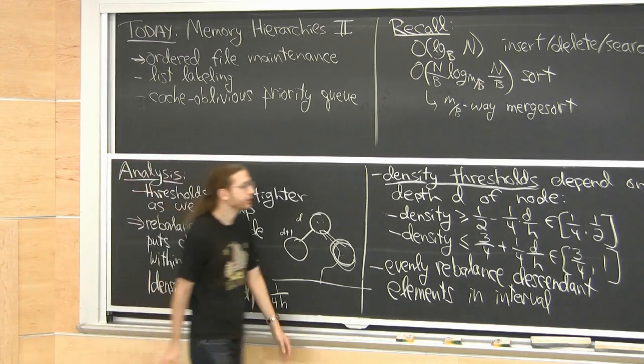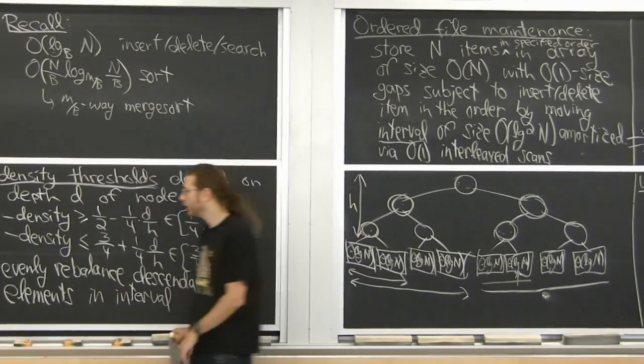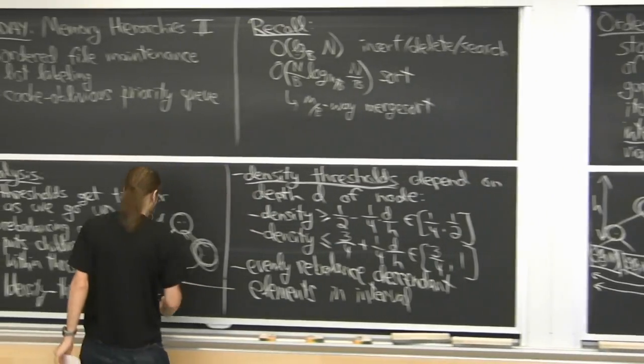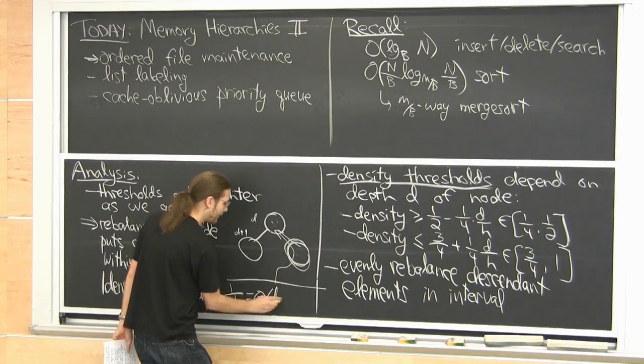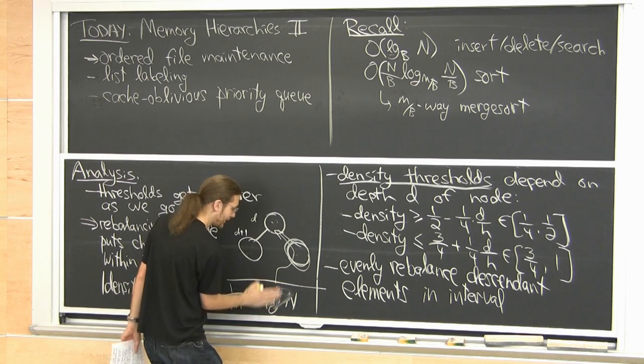Now h here was the height of the tree. It's like log n minus log n. All we need is that this is theta 1 over log n. H is theta log n.